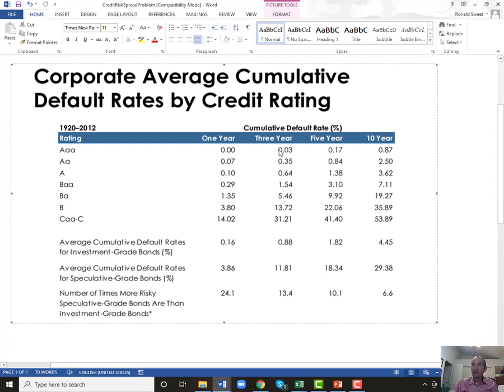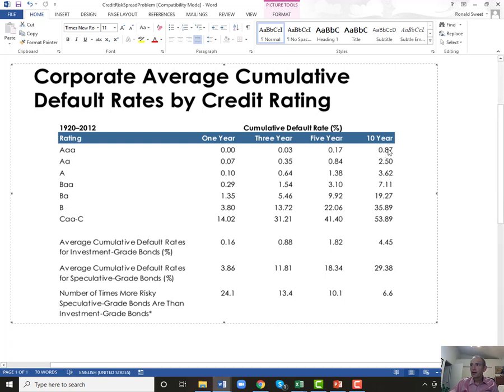So 3 out of 100,000, whatever the numbers are. So very, very rare. After 5 years, 0.17%. Over 10 years, fewer than 1% of the companies that were AAA at the beginning of the 10 years, only fewer than 1% of them were in default over 10 years.